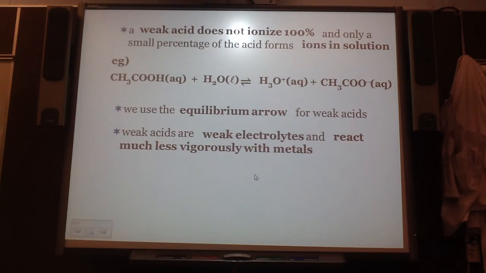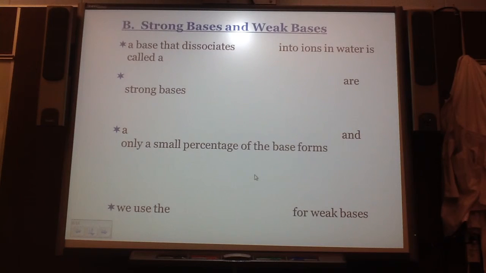So everything besides the strong acids, use the equilibrium arrows, and for your strong acids, you can use the single arrow.